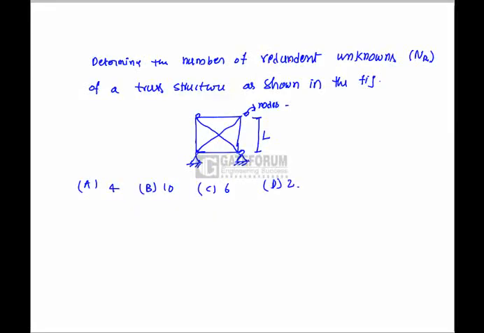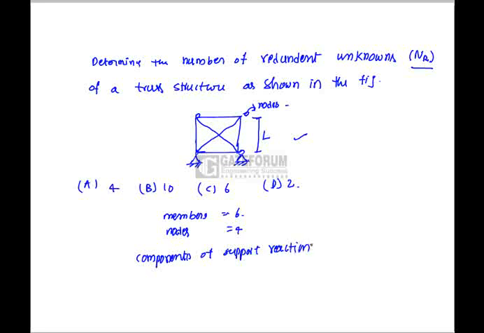Question is, determine the number of redundant unknowns, or degree of static indeterminacy, of the truss structure as shown in the figure. So in this figure, the members we can count as 6 and the nodes are given as 4 and the components of support reactions is equal to 4 because of these two supports.